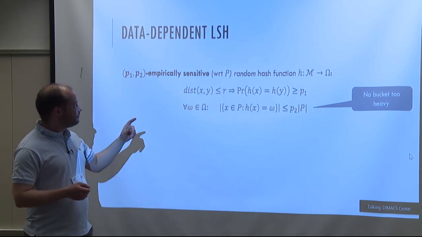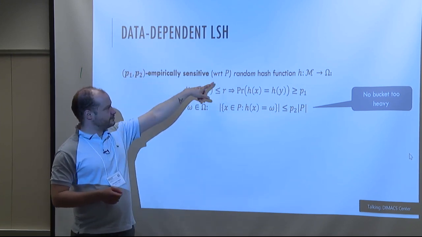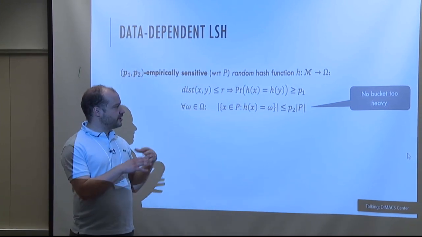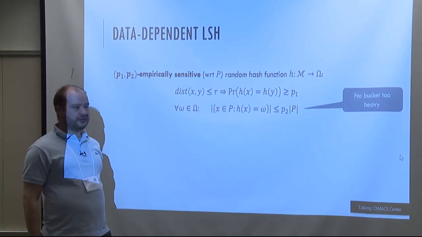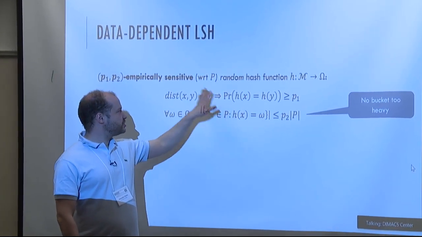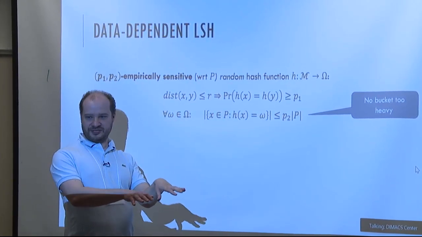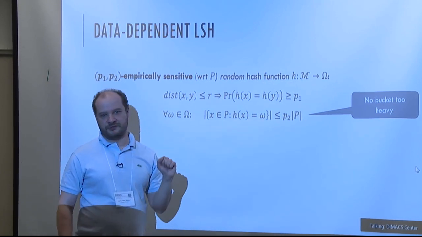At the same time, this is data-dependent LSH, so the definition is with respect to my points at P. For my points at P, I want to make sure that points get roughly distributed. In particular, if I hash the points in P into a hash table using this hash function, no bucket should get more than P2 fraction of the points.